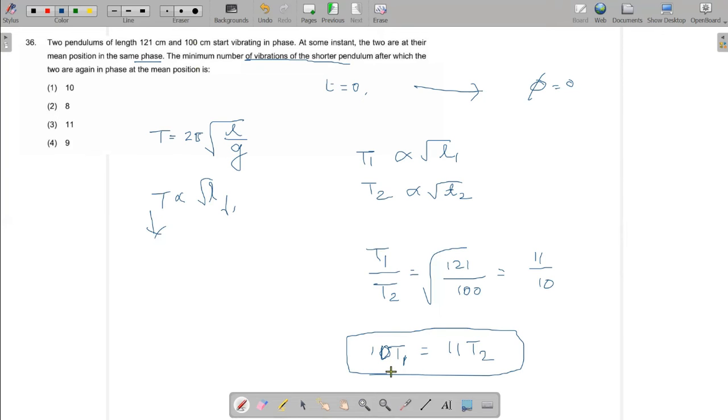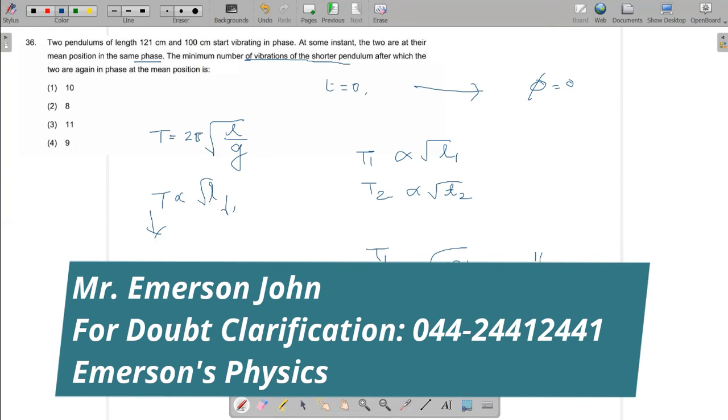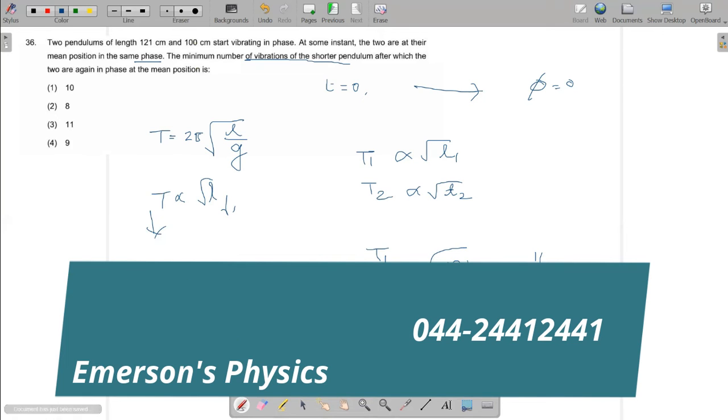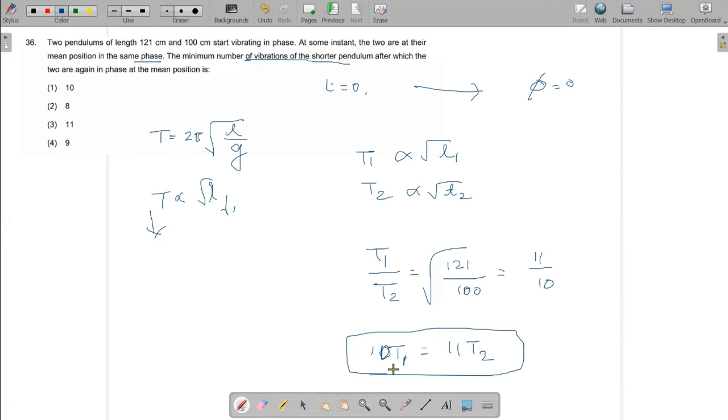So, how can we say this: 10 times T1 will be equal to 11 times T2. T1 is the longer pendulum. The question asks for the minimum number of vibrations of the shorter pendulum.